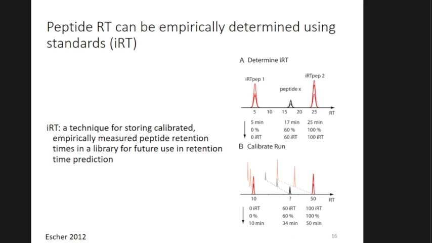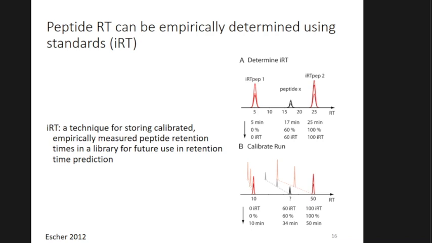In this example, iRT PEP1 elutes first of these 3 peptides, so we'll set that as 0%. iRT PEP2 elutes last, we set that as 100%. Now we can just calculate the quote-unquote distance between these 2, the amount of time between iRT PEP1 and iRT PEP2. If we divide that and represent it as a percentage, then peptide X elutes at 60%.